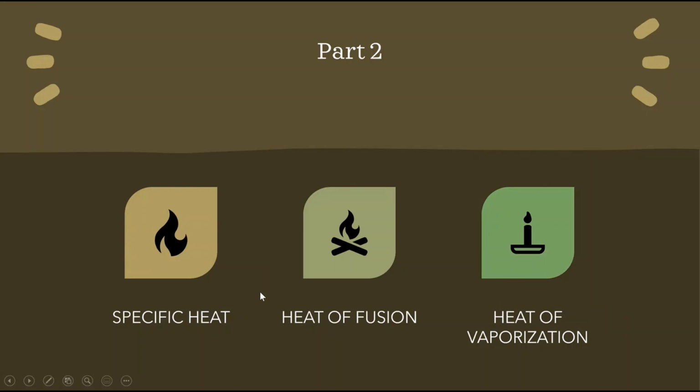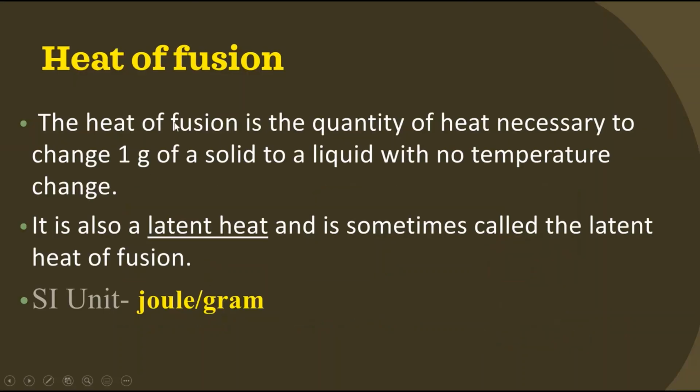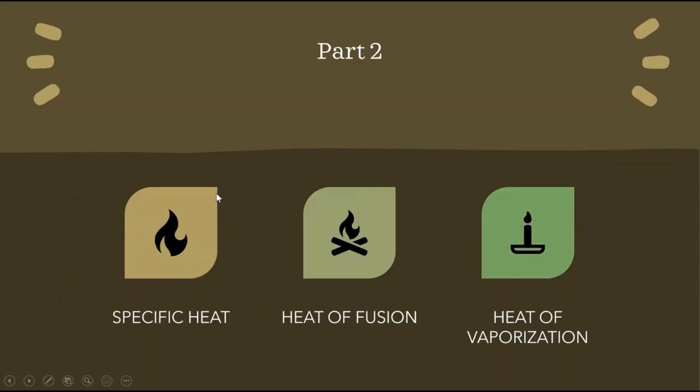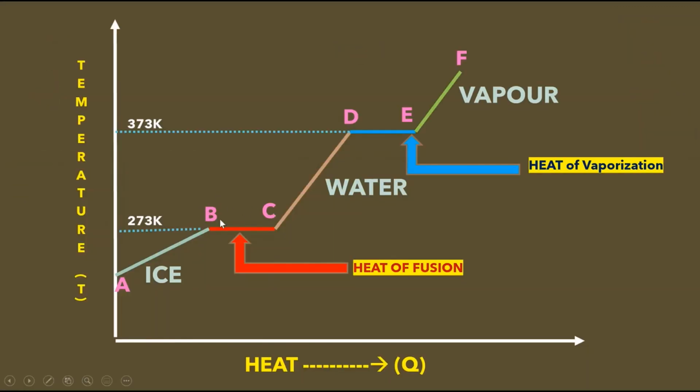So let's see the proper definitions, starting with heat of fusion. Heat of fusion is the quantity of heat that is necessary to change 1 gram of solid to liquid with no temperature change. If you recall the graph, the change in state happens from B to C. There is no change in temperature, but we require heat.